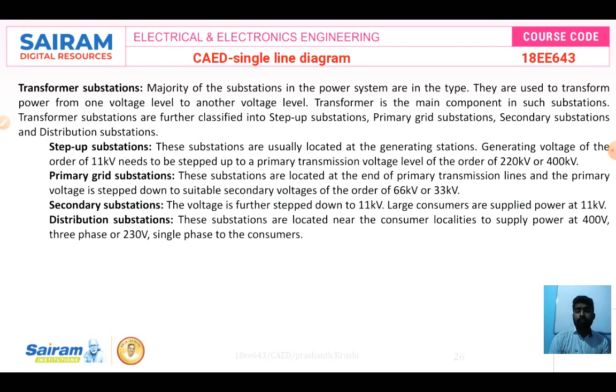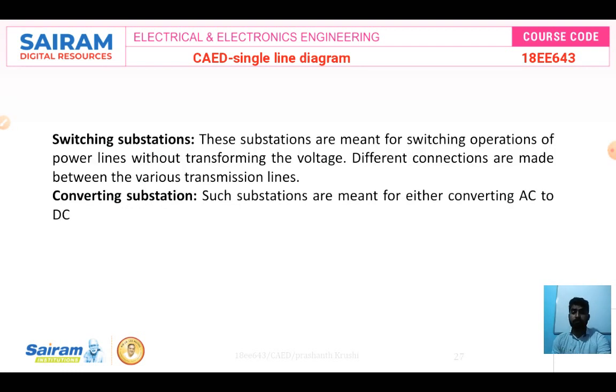As an example, a step up substation takes power from the generating station to the transmission side. At the primary grid substation we convert to 66 kV or 33 kilovolts, and at the secondary substation to 11 kilovolts. The distribution substation, exactly near your home, gives 415 volts or 400 volts three phase, or 230 volts single phase power supply, right?